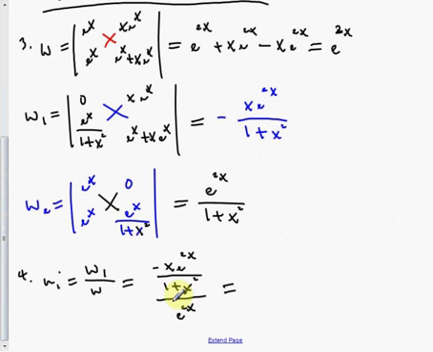So basically the e to the 2x's would cancel out, so we have left just negative x all over 1 plus x squared.